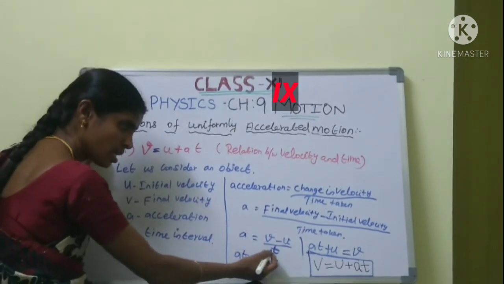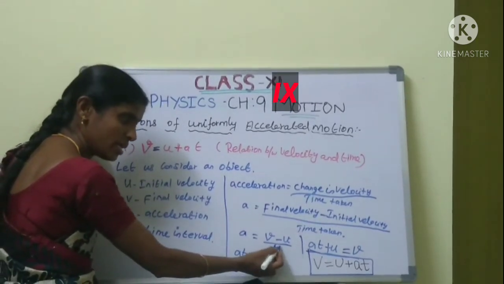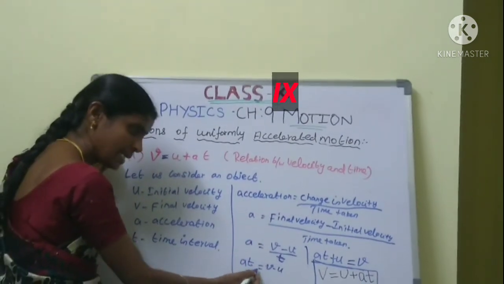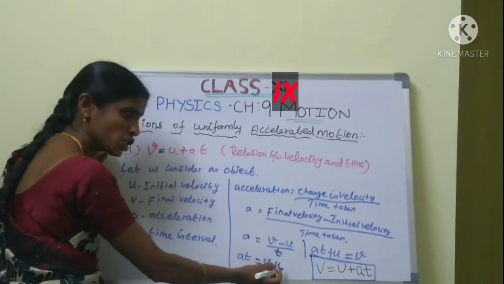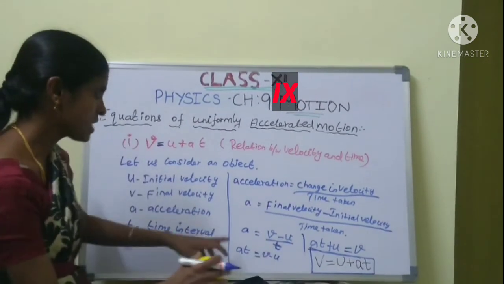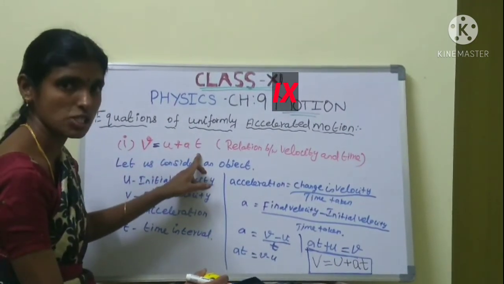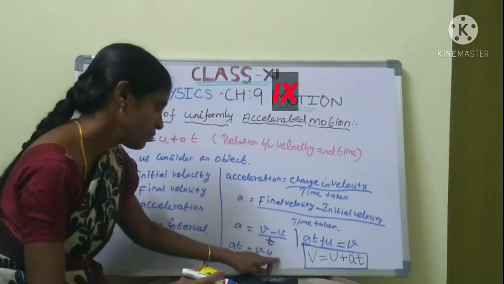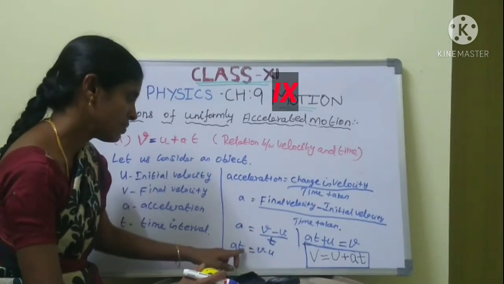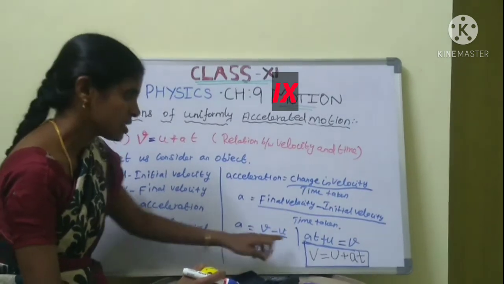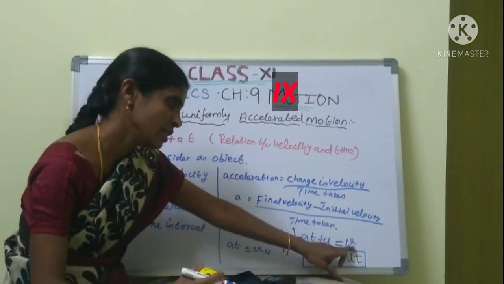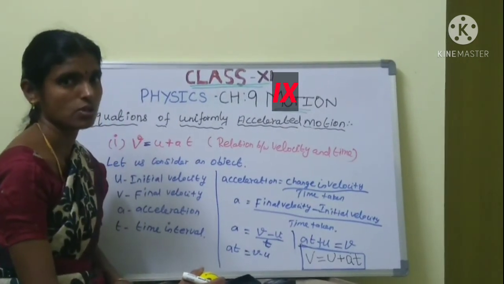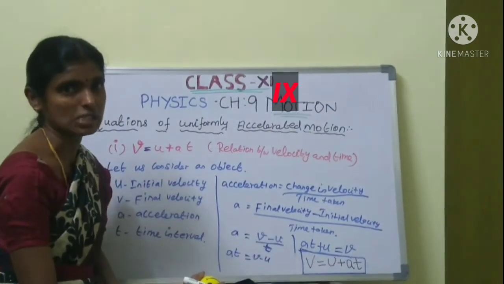When it moves to the left side, whatever is in the denominator in division becomes multiplication when it comes to the left side. Are you clear? at equal to v minus u. What is the equation here? v equal to u plus at. So we can rearrange this equation: at equal to v minus u, and minus u moving to that side means plus u. Check: at plus u equal to v. We can write v equal to u plus at. So the first equation we have explained.